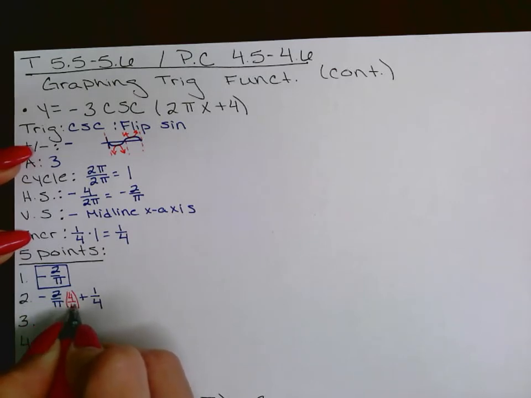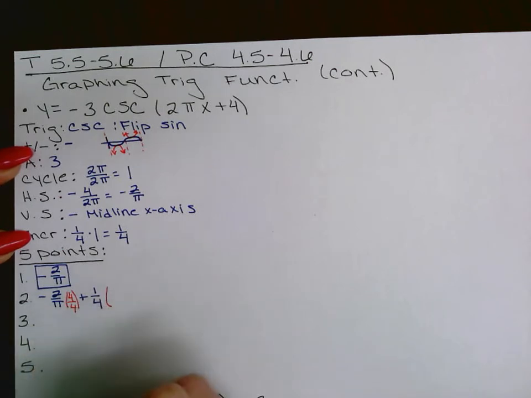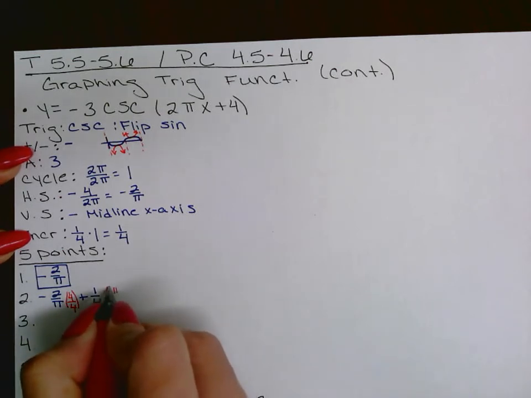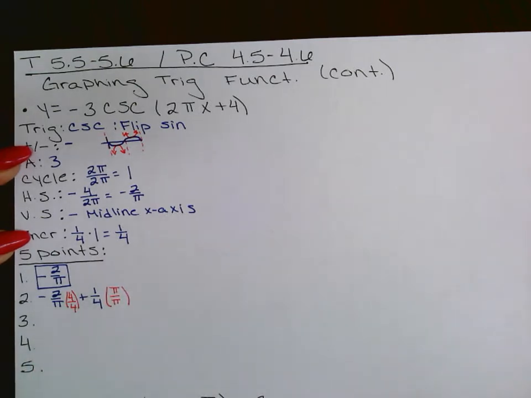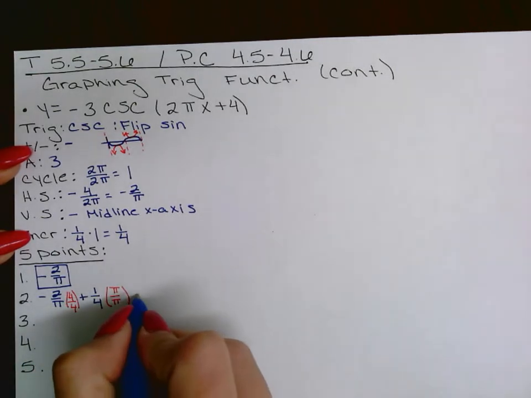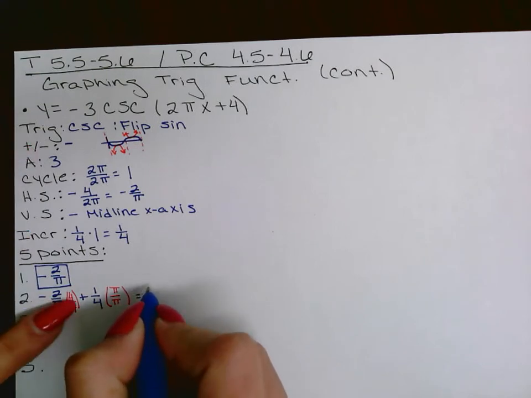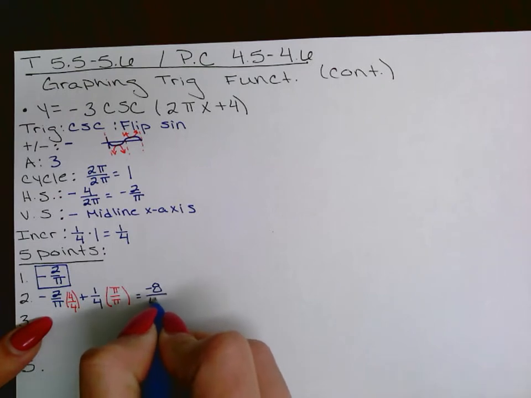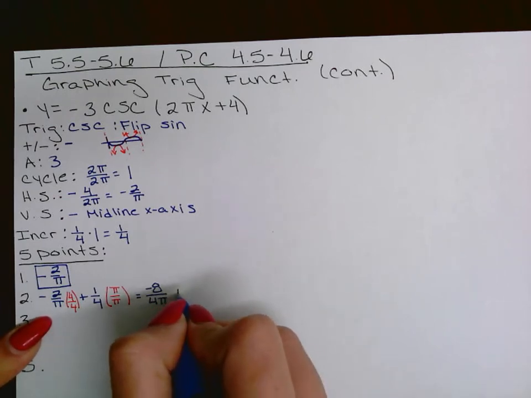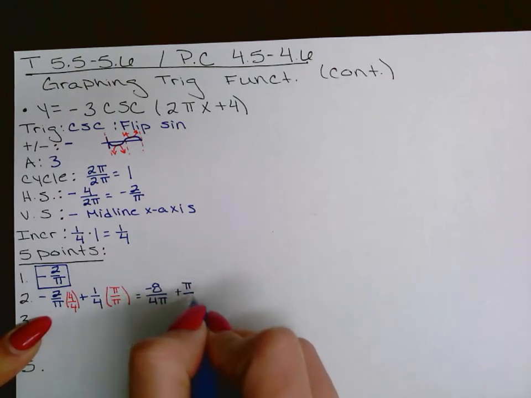Exactly. And on this right side, what am I going to have to multiply by? Yep. Perfect. Pi. So what I'm working with now is negative 2 times 4 is negative 8 over 4 pi plus pi over 4 pi.